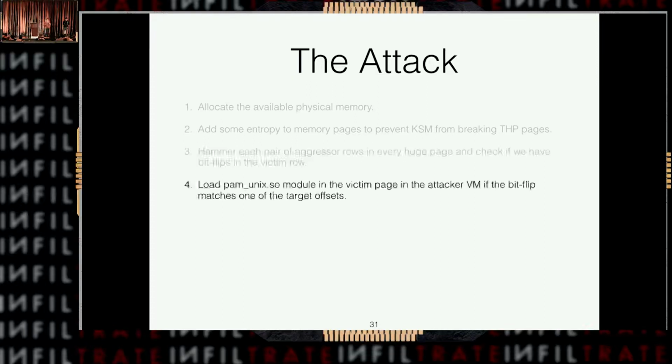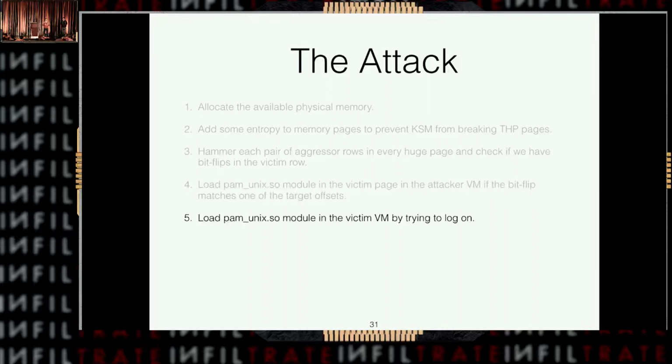Once we find a good bit flip, we load the PAM Unix module in the victim page in the attacker VM. Then we ensure PAM Unix is loaded into the victim VM. This is quite easy: you just have to try to SSH to the victim VM once with a wrong password. This will force PAM Unix to load. Then you have to wait for KSM to merge the pages.